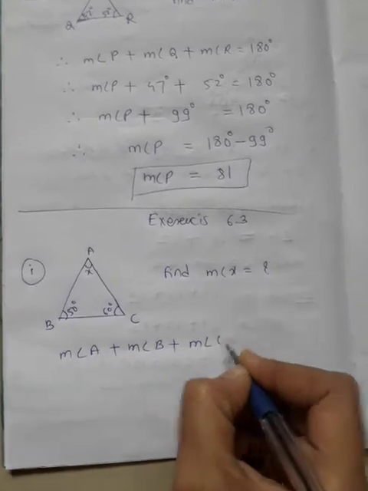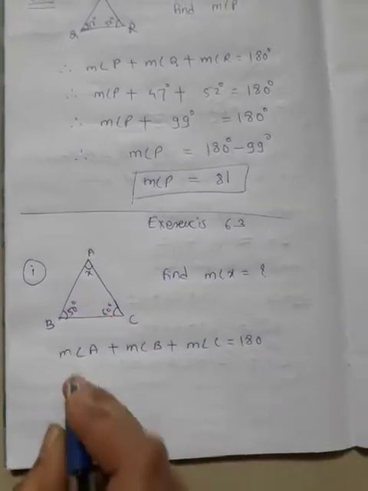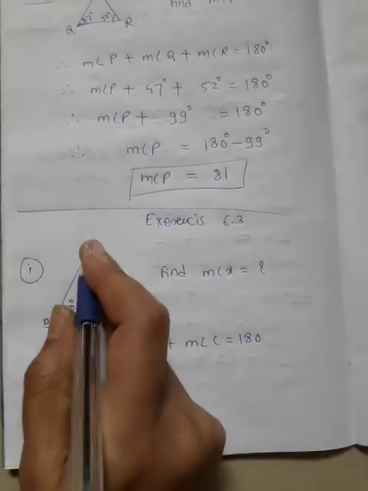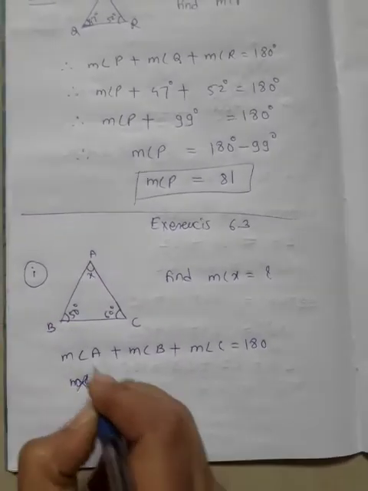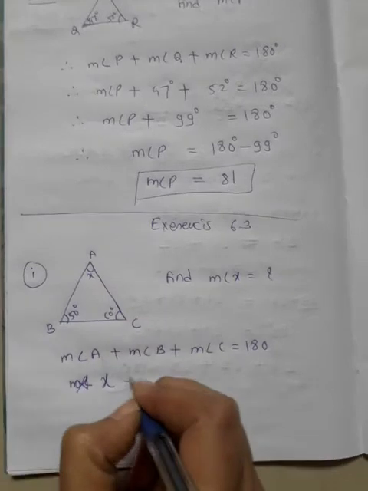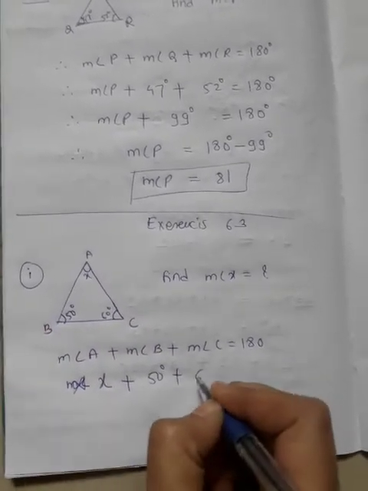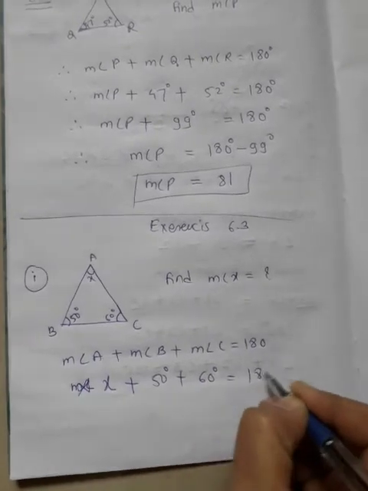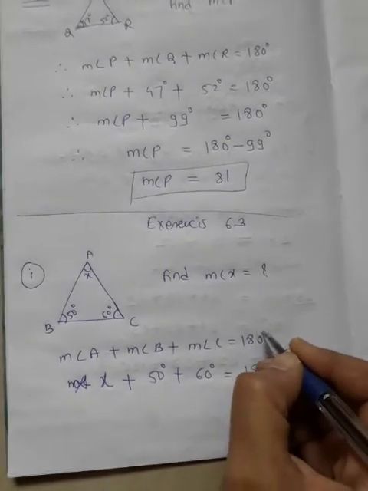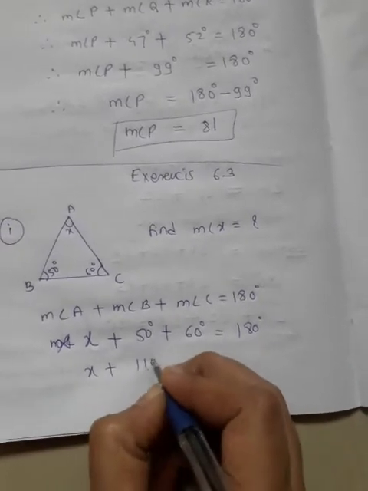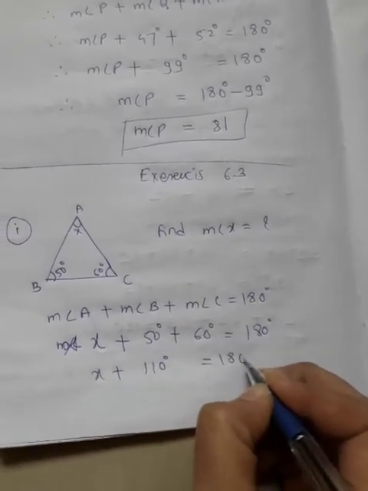Okay, and we have given two angles. Measure of angle A is X, plus measure of angle B is 50 degree, measure of angle C is 60 degree, and total 180 degree. Okay, now X plus 50 plus 60 is 110 degree, that is equal to 180.